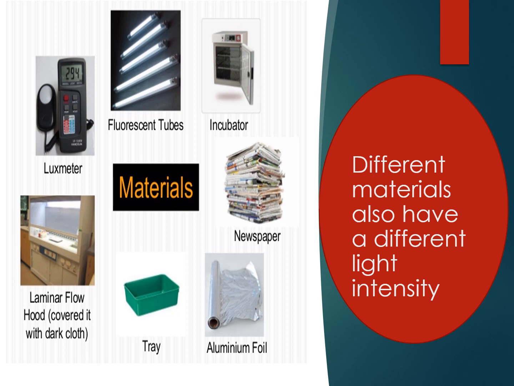Here the lux meter is the device which I can use to measure light intensity. Here: incubator, newspaper, laminar flow hood, covered with dark cloth, tray, aluminum foil. Each material has a different light intensity.